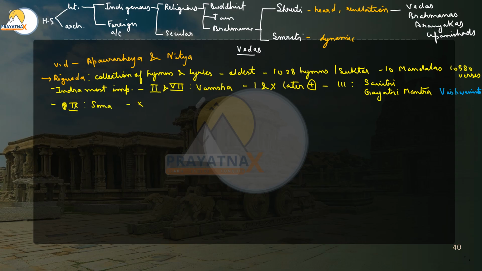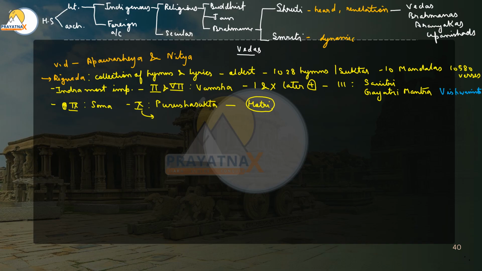The 10th mandala contained the famous Purusha Shukta hymn, and lastly the hymns were recited by Hotri priest. Also, it was in the 10th mandala where origin of universe was first talked about.